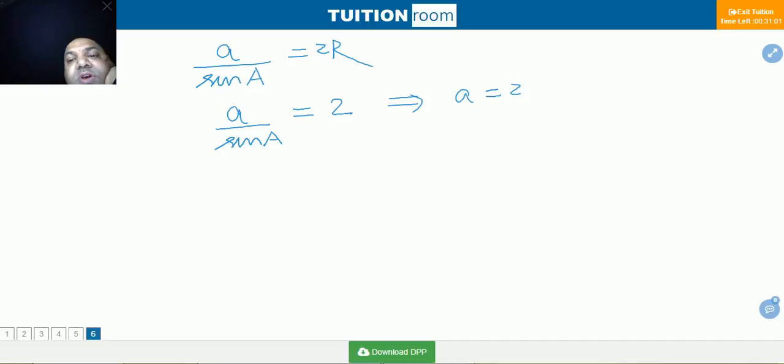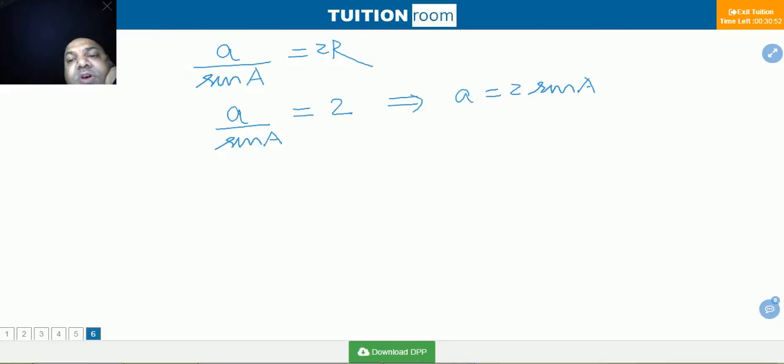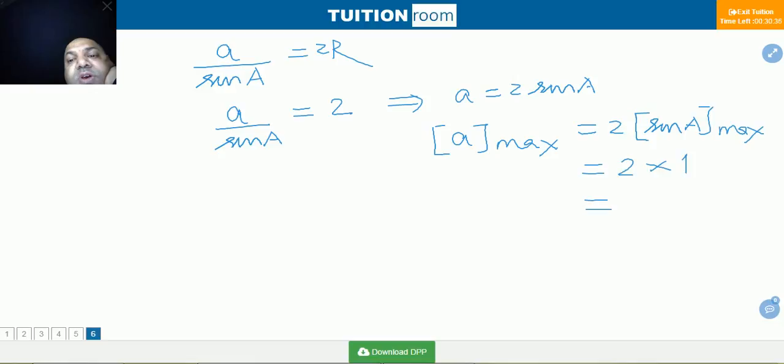In this problem, we have to find the maximum value of a. This value will be maximum when sin A will be maximum, and it is very easy. The maximum value of sine of any angle will be 1, so it will be 2.